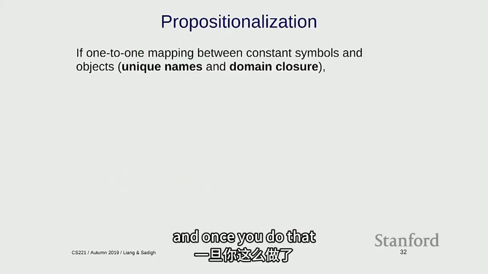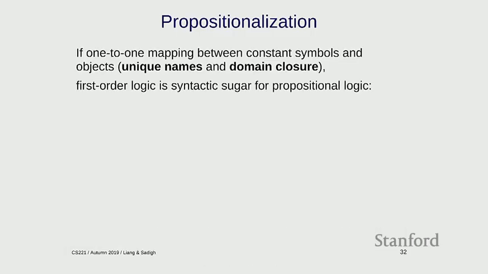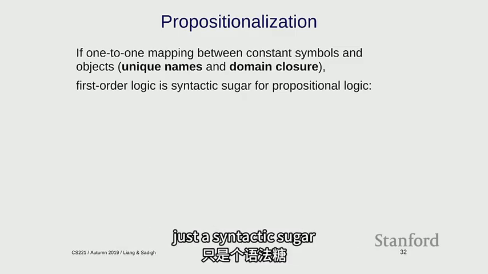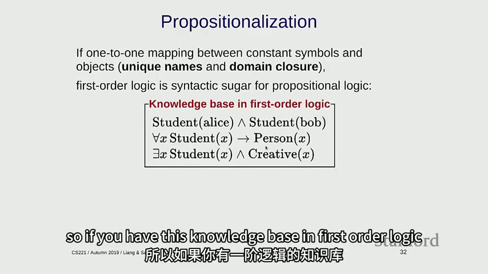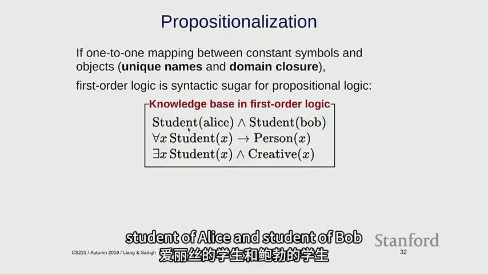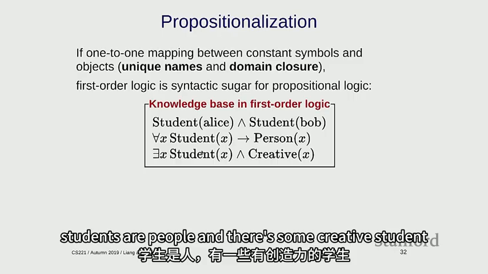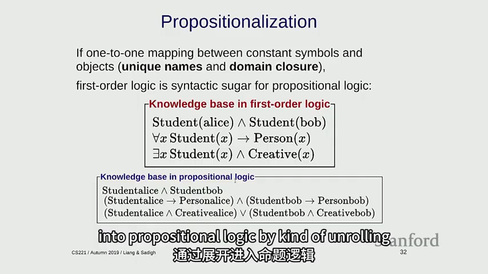And once you do that, then we can do something called propositionalization. And in this case, first-order logic is actually just a syntactic sugar for propositional logic. So if you have this knowledge base in first-order logic, student of Alice and student of Bob, for all students are people, and there's some creative student, then you can actually convert very simply into propositional logic by kind of unrolling.